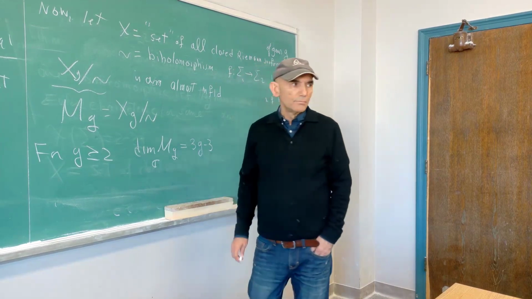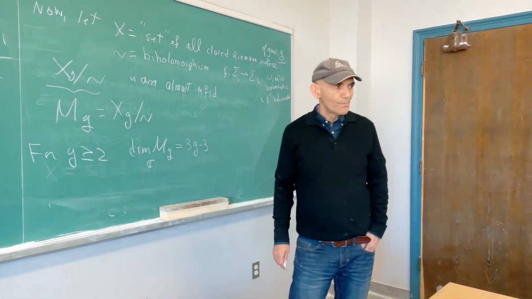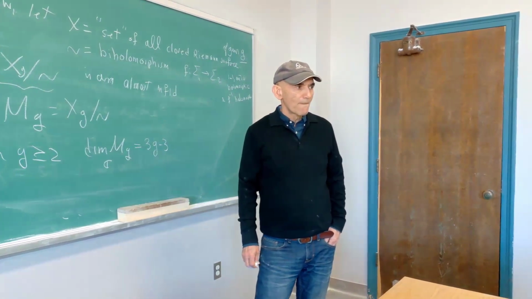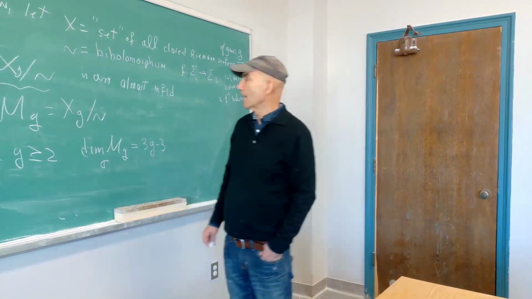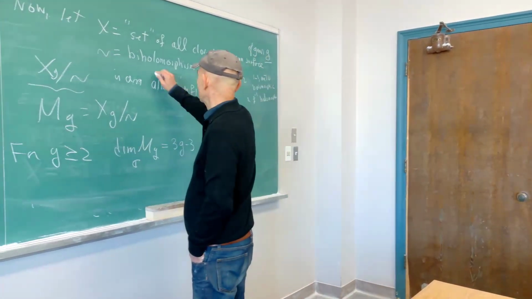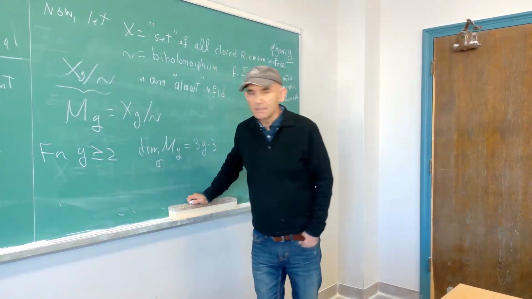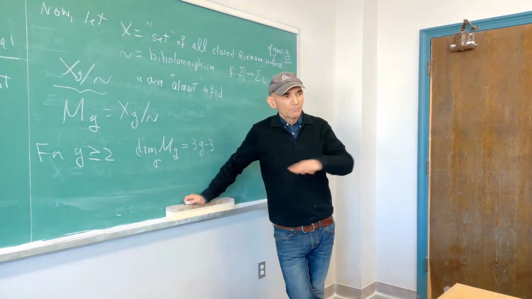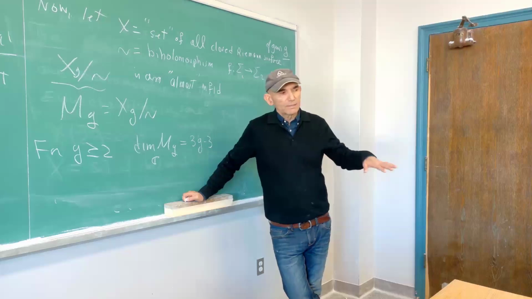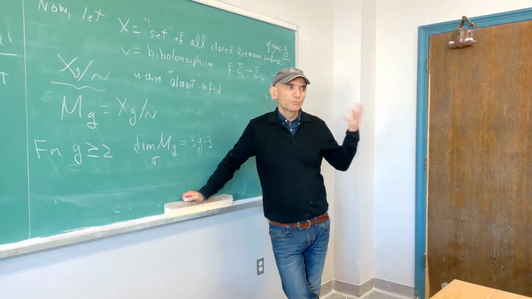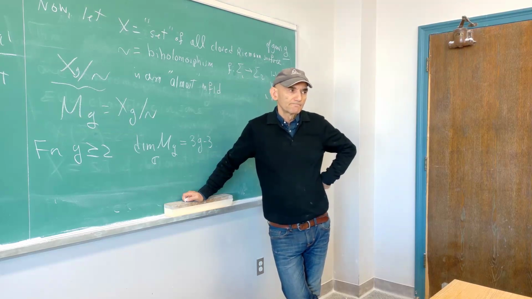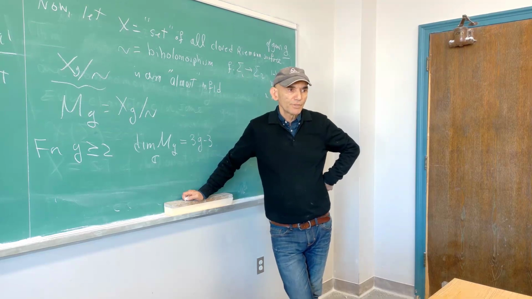What is an almost manifold? Yeah, it is the quotient of a very nice space by a discrete group. So there will be some orbifold points. 3G minus 3?